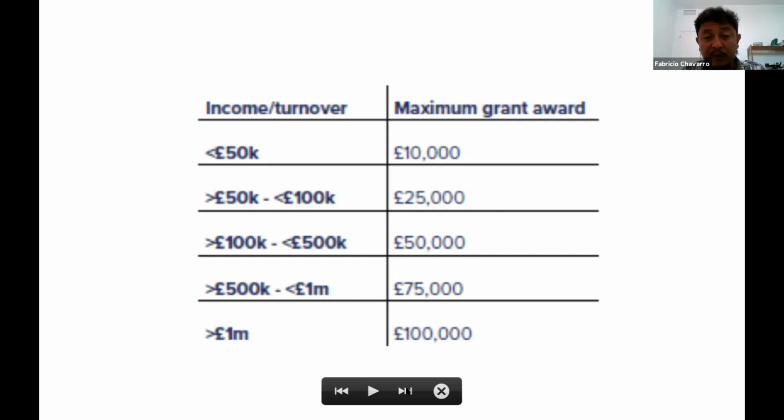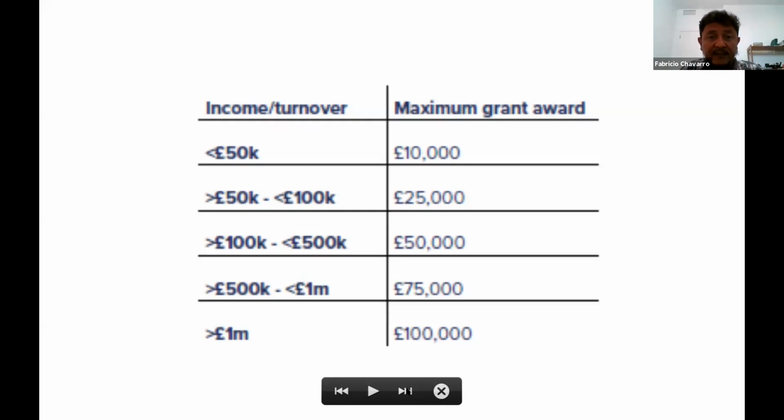And then if your income is between 100k and £500,000, then you could apply for £50,000. Also, if your income goes from £500,000 to 1 million, you could apply for £75,000. And if you have a turnover or income above the 1 million mark, then you can apply for up to £100,000. So as I said, the range is from 10,000 up to 100,000 pounds. So that's in terms of how much you can apply for.